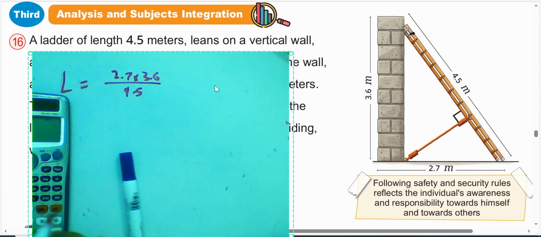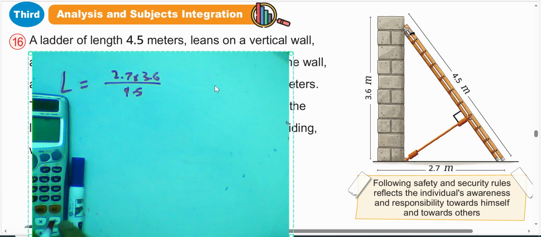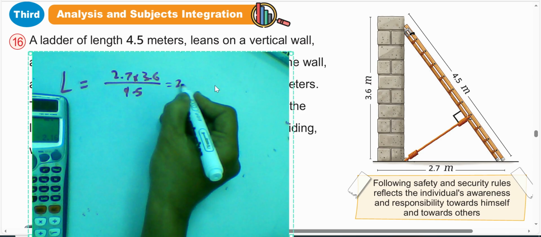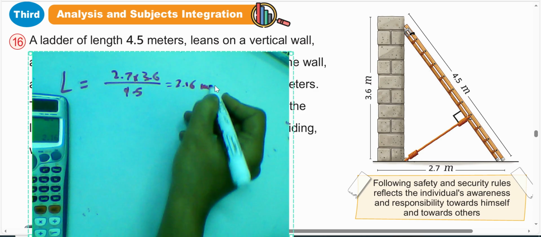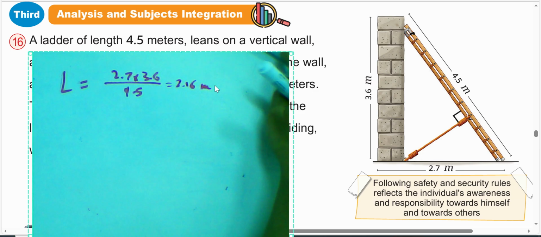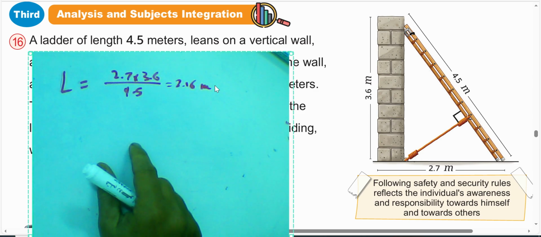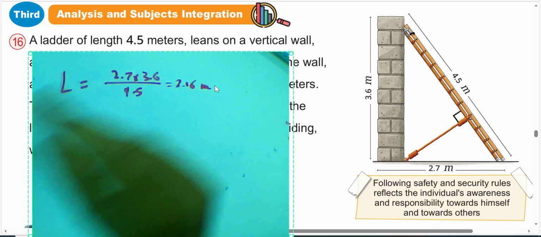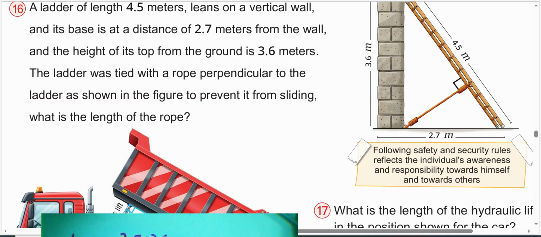You can write 2.7 product by 3.6 divided by 4.5. The result will be 2.16 meter. Understood? 2.7 times 3.6 divided by 4.5. It's a direct question. Okay, next question.